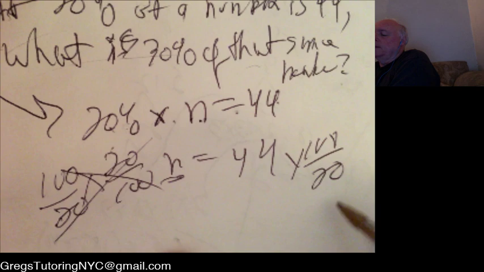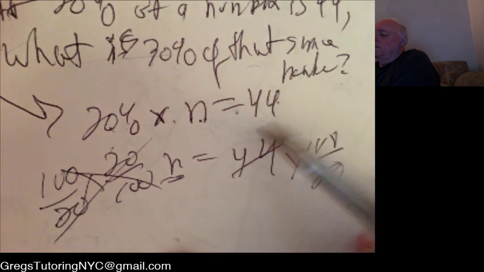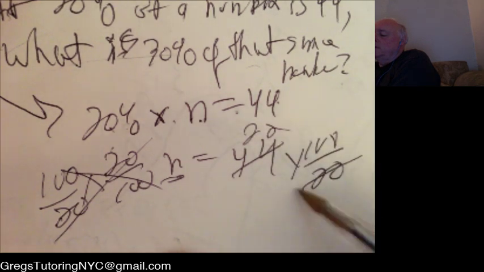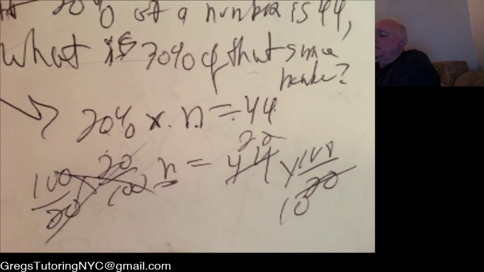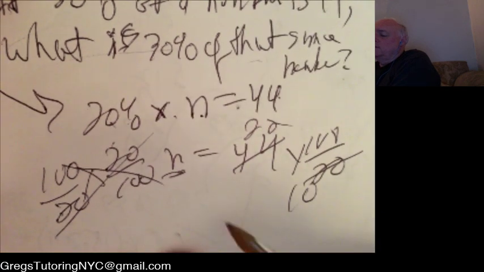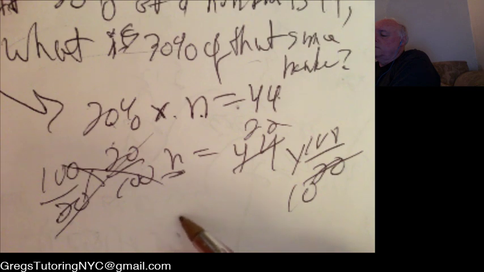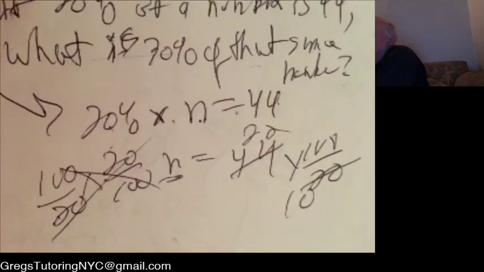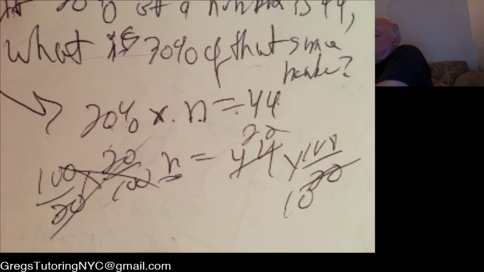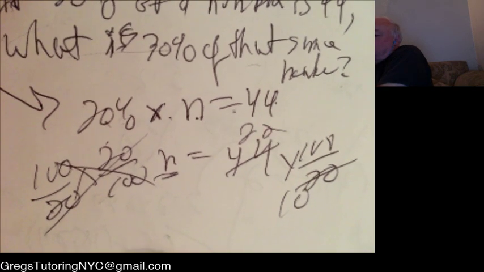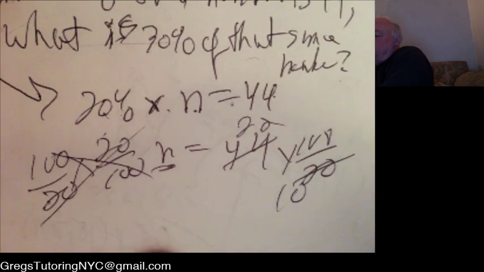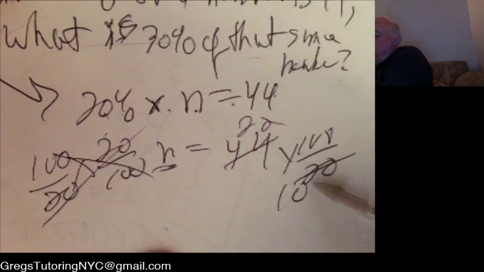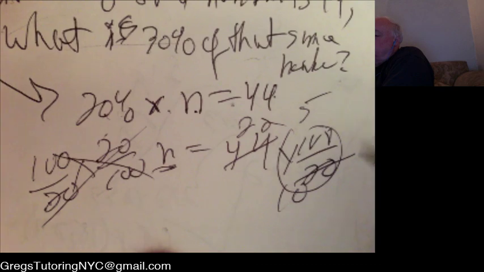We can do 2 into here, get 22, 2 into here, get 10, so we get 2,200. Actually, we could have done it simply by using 5 here.